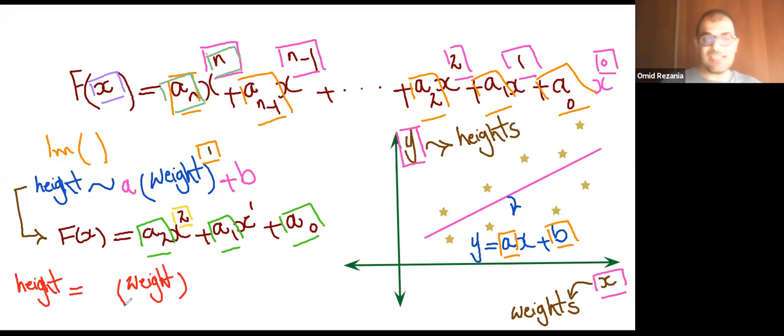As weight is the x variable for my analysis, weight goes to the power 2, and it comes with a slope, which I call a2. Plus weight, but here the power of the weight is 1, with another slope, a1.